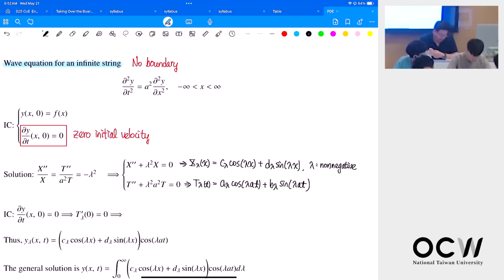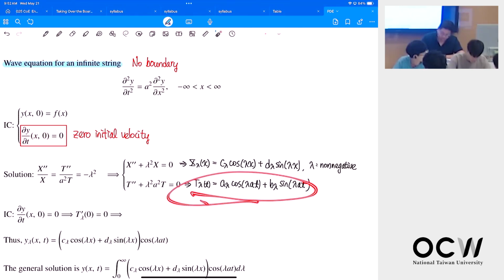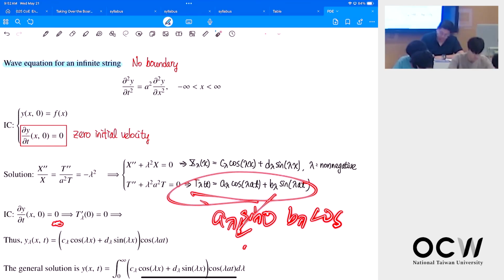Now let's use the initial condition, the zero initial velocity. You take the derivative. So a lambda sine, b lambda cosine, and then t is 0. So sine is 0, that's 0. Cosine is 0, that's 1.